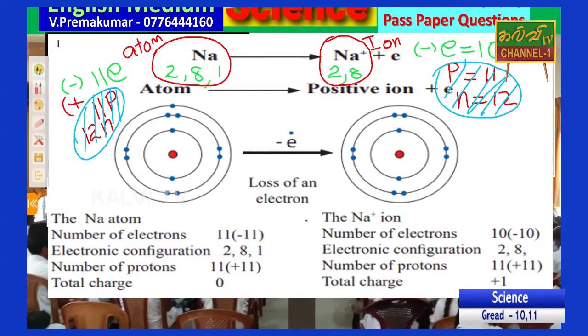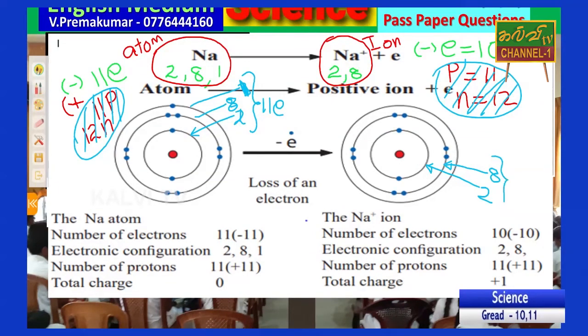Here you can find out how many orbits: 1 orbit, 2, 3 orbits. Here orbits 1 and 2 have electrons. Here there are 8 electrons, here 2 electrons. Here 2 electrons, 8 electrons and 1 electron. Totally how many electrons are there? 11 electrons.